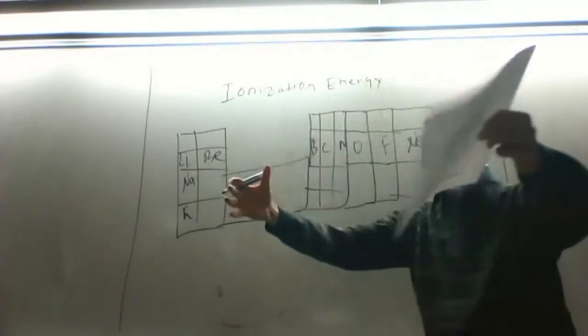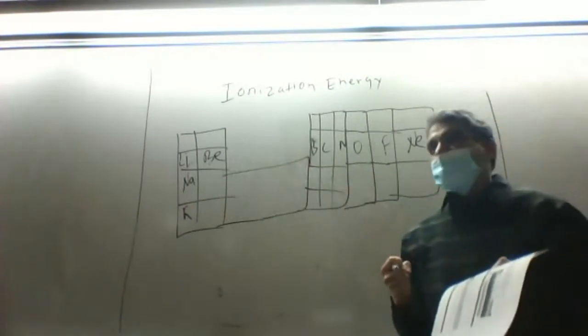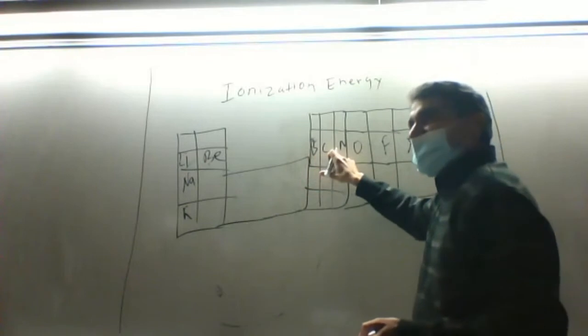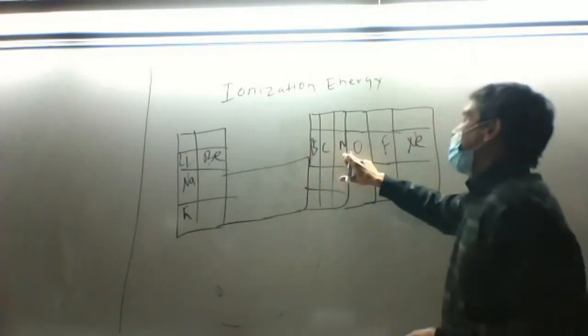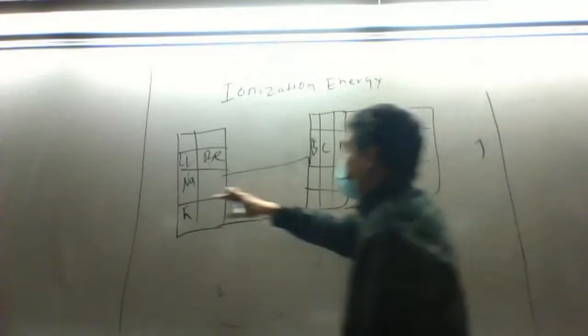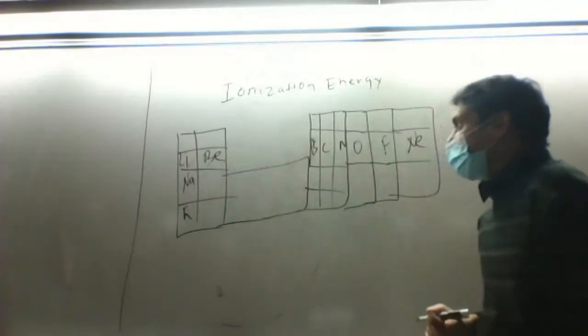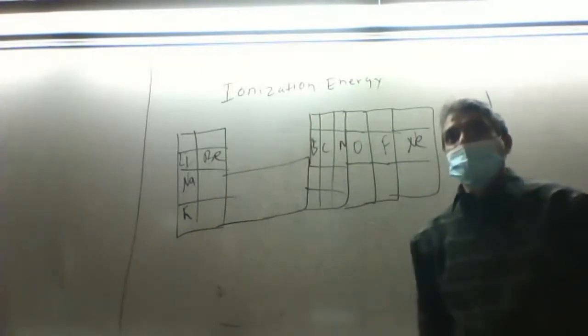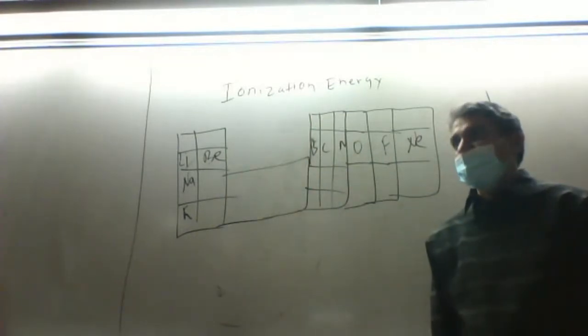The outermost electron is pulled with a great force toward the proton, so it's very hard to remove that outermost electron of boron. Same with carbon. You go to nitrogen, even harder. Go to oxygen, even harder. So as we go from left to right in the period, the ionization energy increases. We need to put more and more energy to remove the outermost electron from the atom.